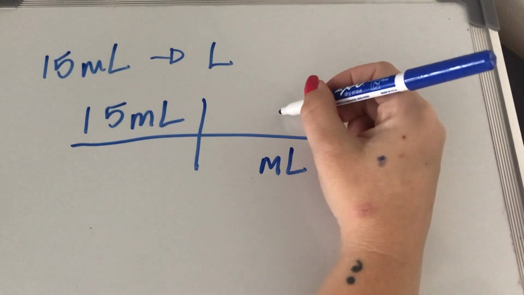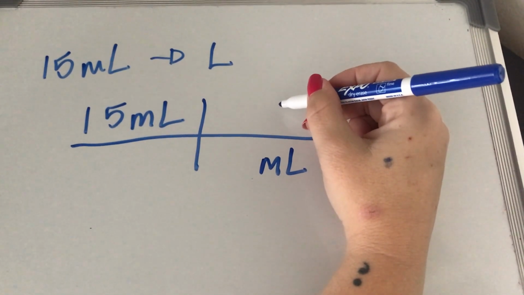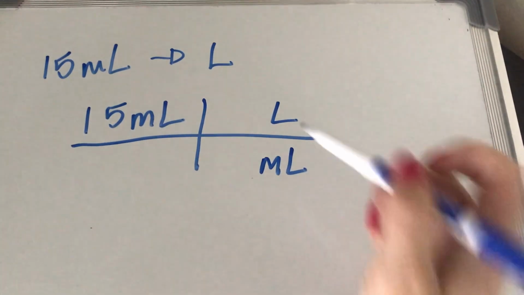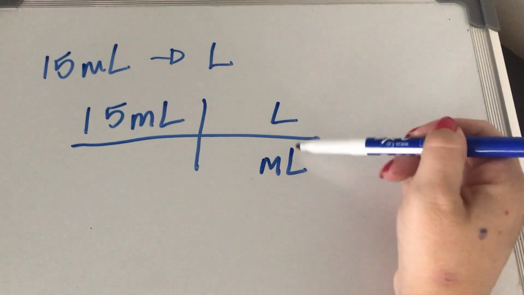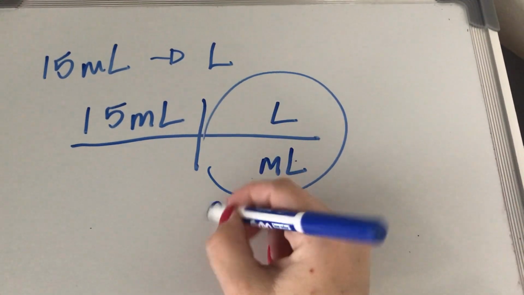Which means what unit is going to go up top here? Liters, exactly, right? So, anytime you see a ratio like this, you should be thinking conversion factor.